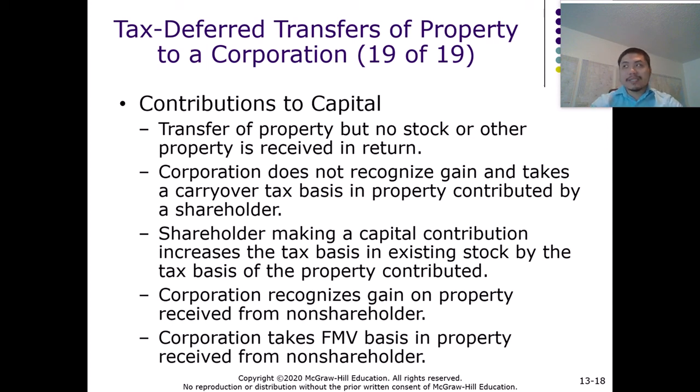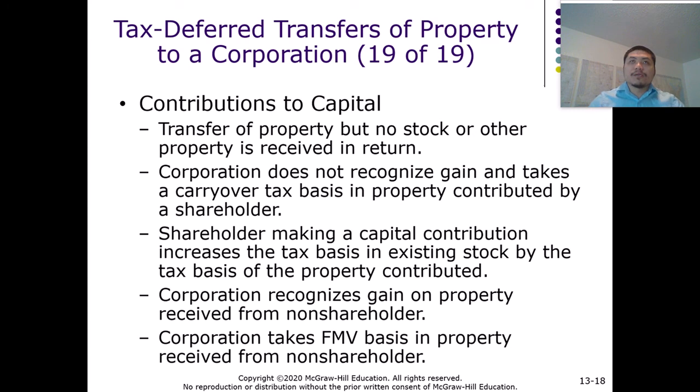So let's say I already contributed my car to receive $1,000 worth of stock in the corporation, and then later on I also contributed a second car, but don't receive any stock in return. The second car is worth $3,000.